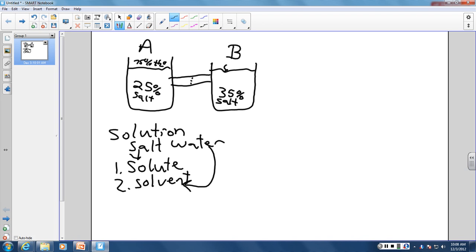And since there's 35% salt, there's 65% water in this container. Okay, so water moves which way? Water moves from container A to container B. Whereas we said salt moves from container B to container A. You get it?